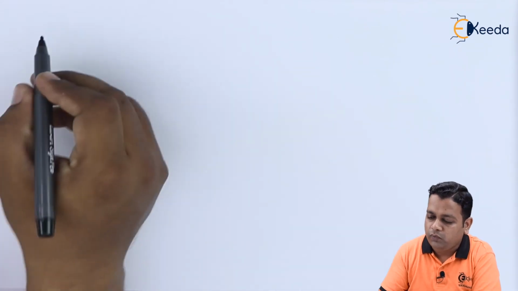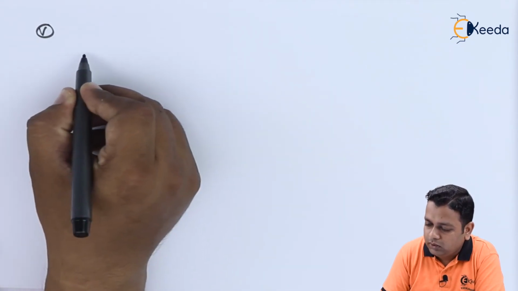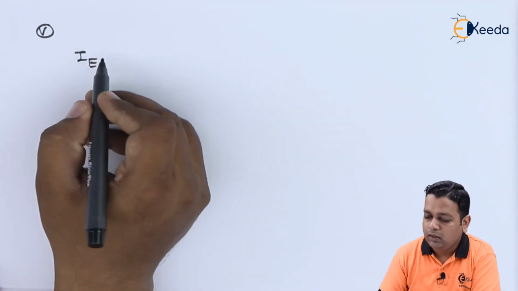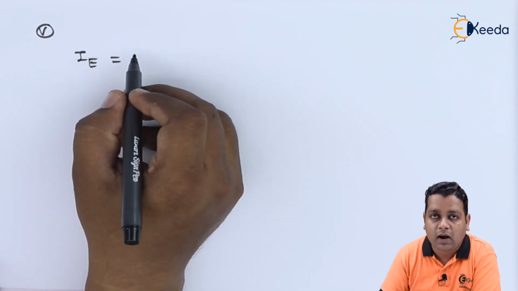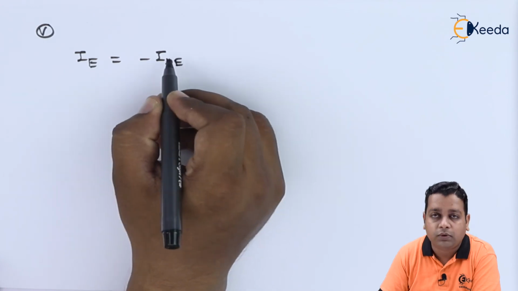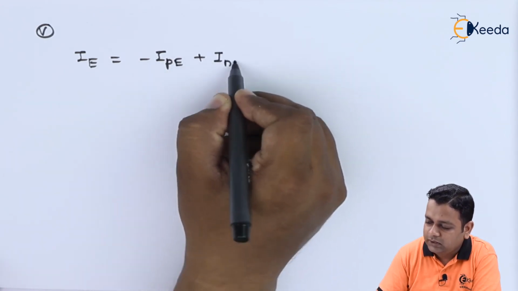Next, we have the fifth current, which is for the emitter region. The total emitter region current we denote by capital I suffix capital E. It will be the addition of minus IPE we have computed before, plus capital I suffix NE.